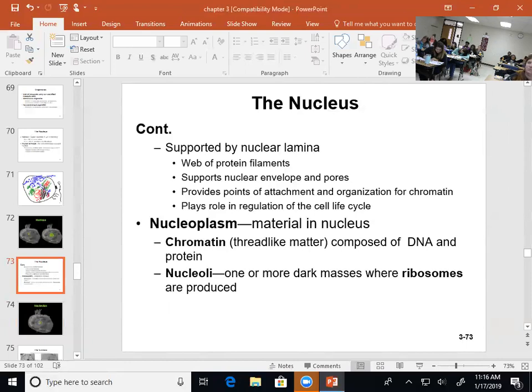So you're saying that before a cell can divide, it's going to have to make an identical copy of this recipe book, the DNA. Is that right? Mm-hmm. And when it does that, it's going to make a copy and it's going to condense. And now when you see the DNA in that form, in copied, condensed form, that's called a chromosome.